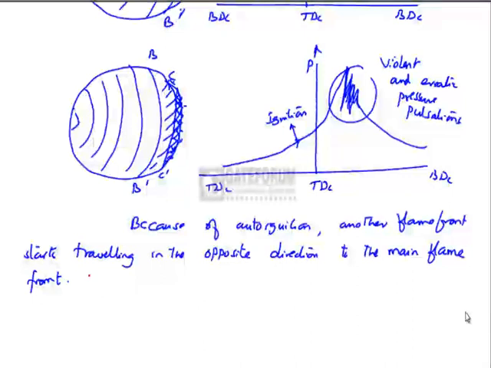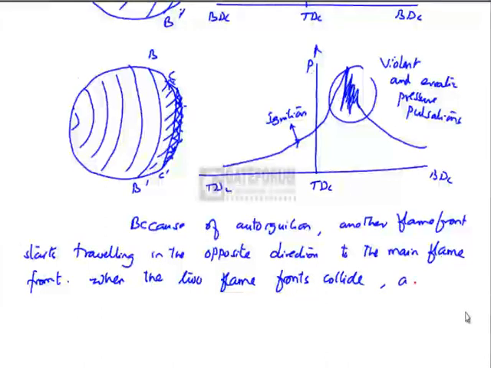When the two flame fronts collide, a severe pressure pulse is generated.